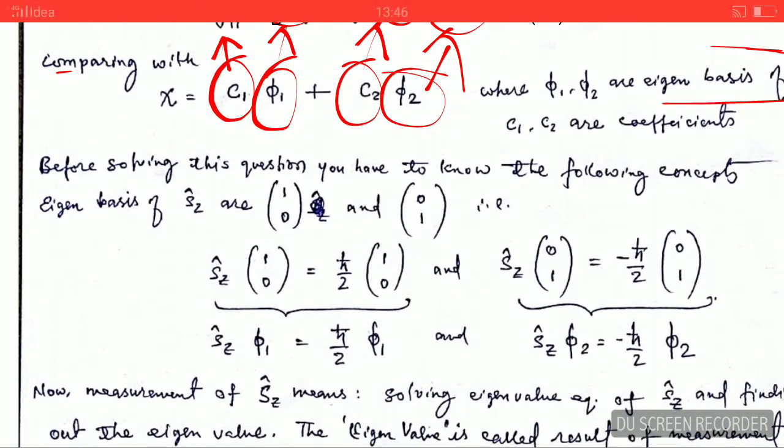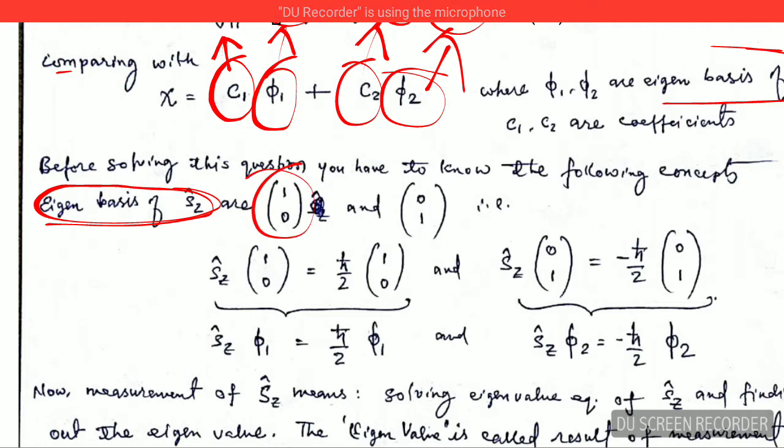Now before solving this question you have to know some concepts, so I'm going to explain those concepts. The first thing that you should know is the eigenbasis of Sz. The eigenbasis of Sz are this one and this one, so it is very important to remember this.